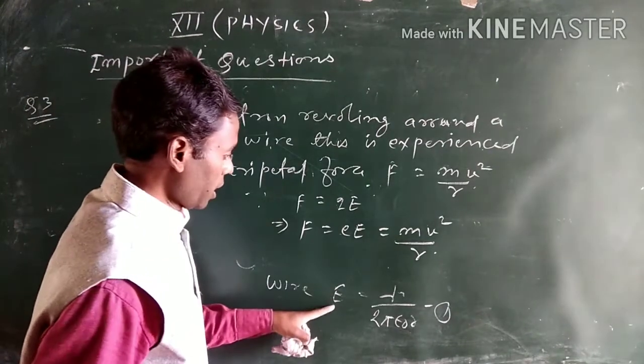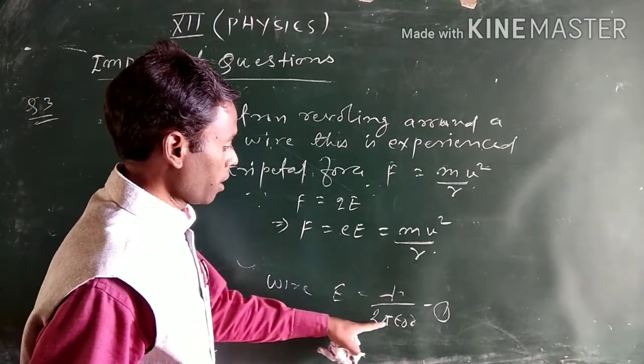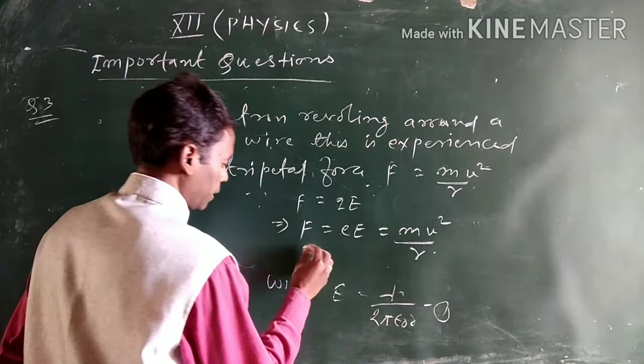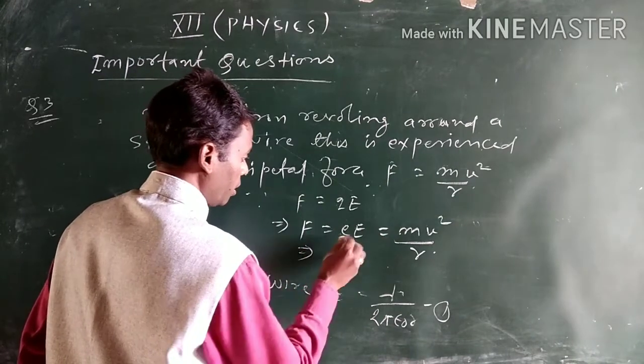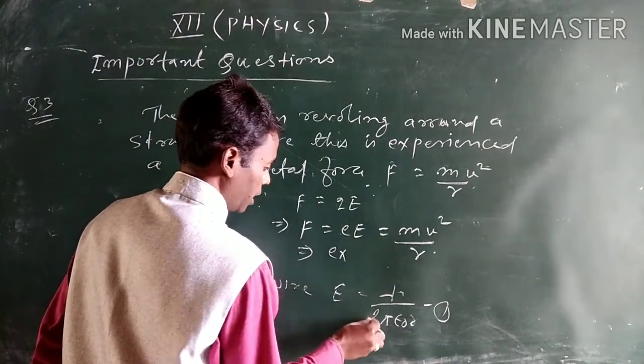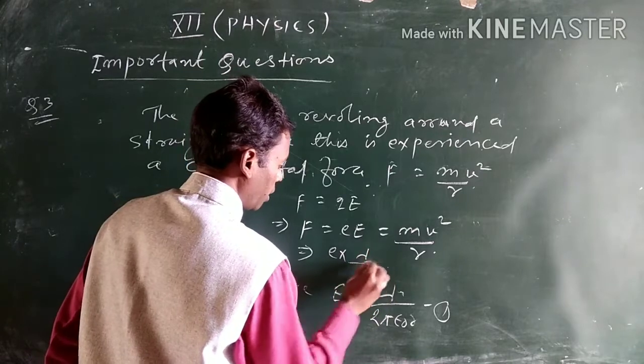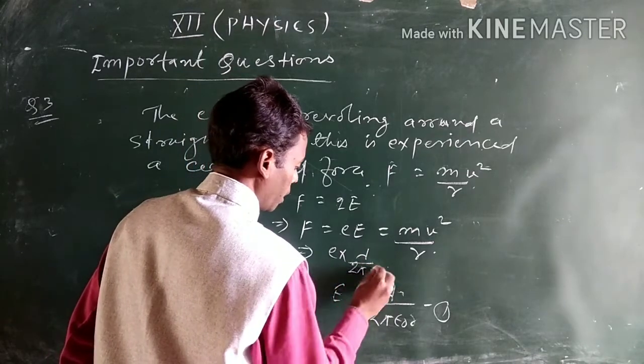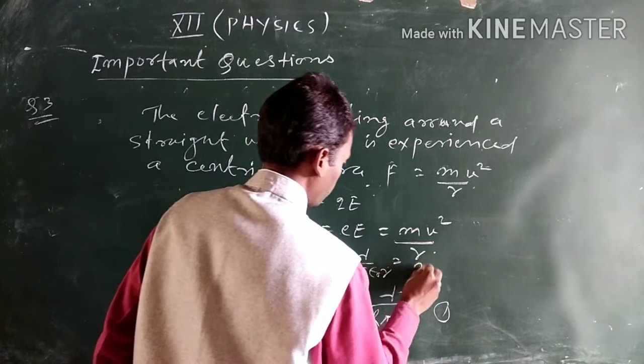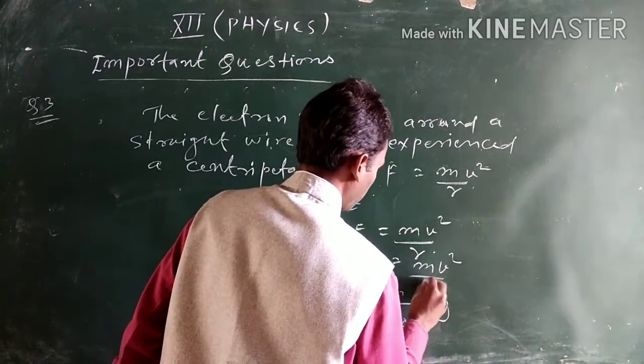In place of the electric field we put lambda by 2 pi epsilon naught r. So e times lambda divided by 2 pi epsilon naught r is equal to mv square divided by r.